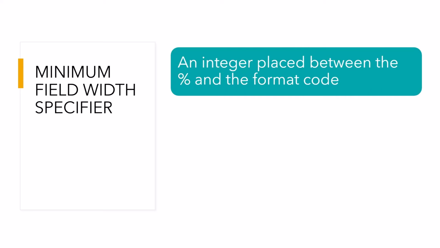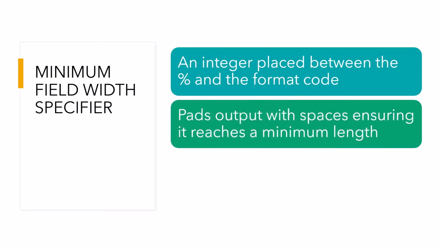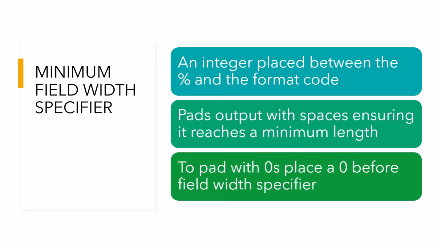Right? There's a minimum field width specifier. This is an integer that can be placed between the percentage sign and the format code. It pads the output with spaces, ensuring it reaches a minimum length, and we can also have that padded with zeros by placing a 0 before the field width specifier.